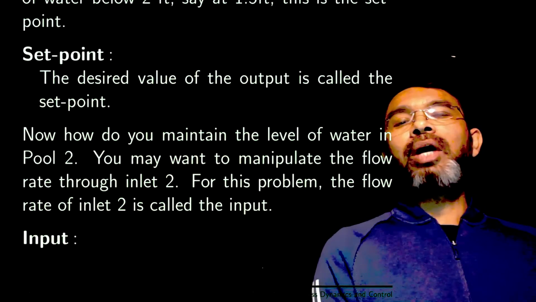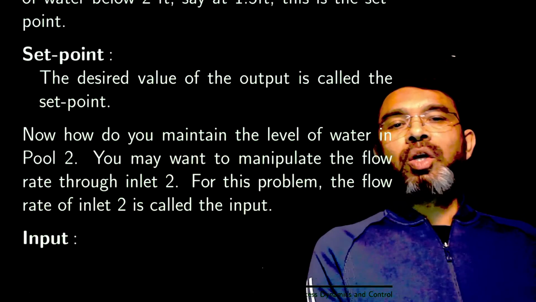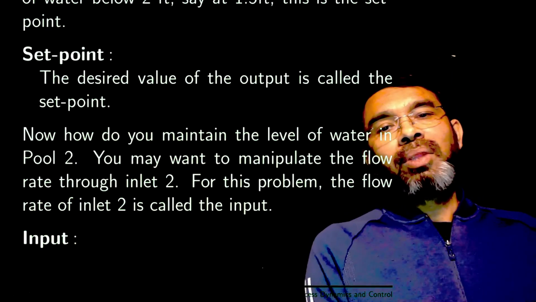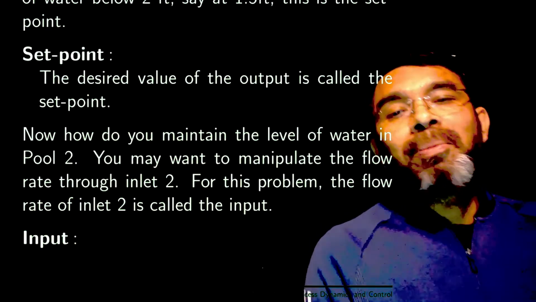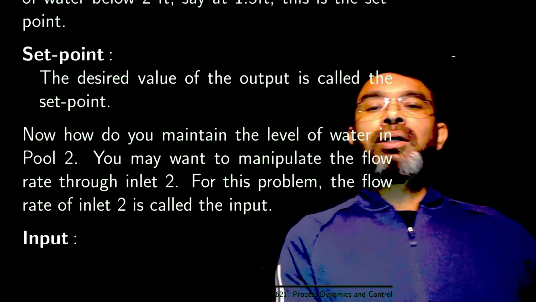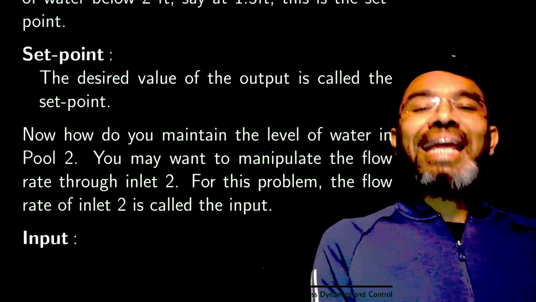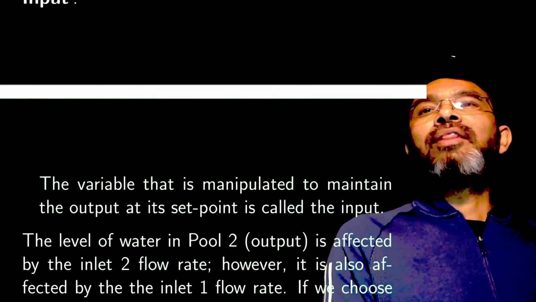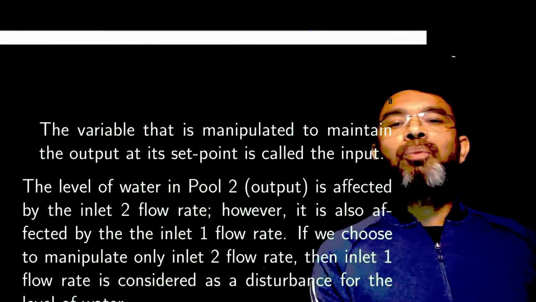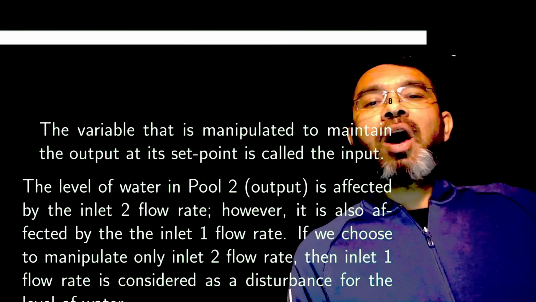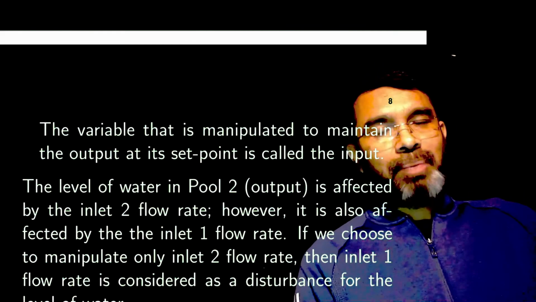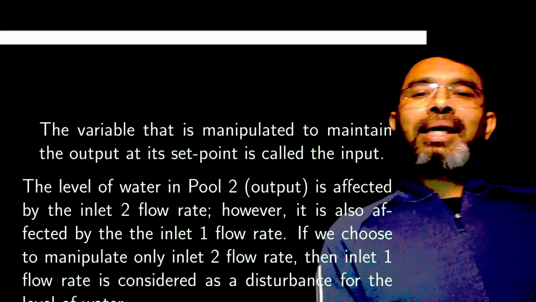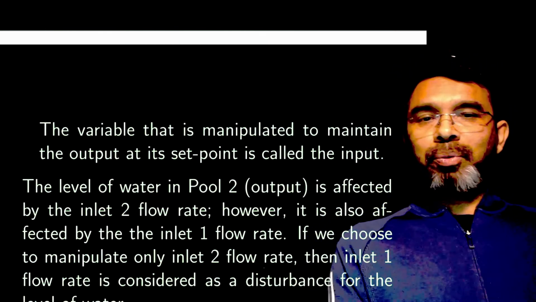So what we can do is manipulate that valve. So we can manipulate the flow through inlet 2. So for this problem, this flow rate of inlet 2 is called the input. So the definition of input is the variable that is manipulated to maintain the output at its set point. Again, the variable that is manipulated is called the input.